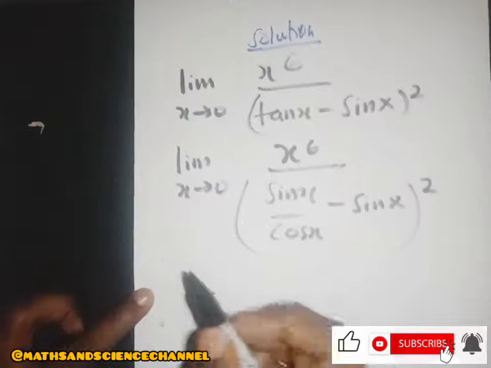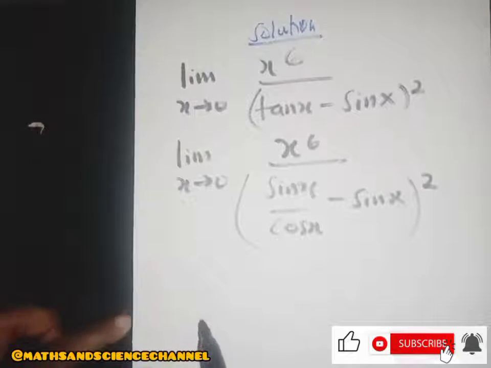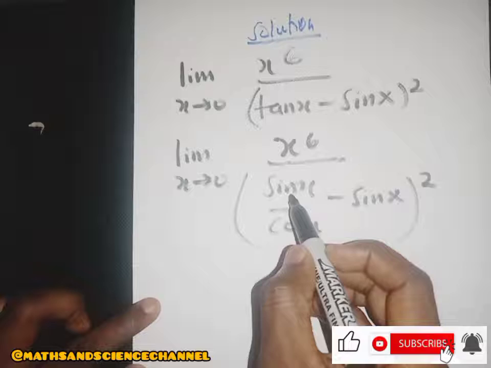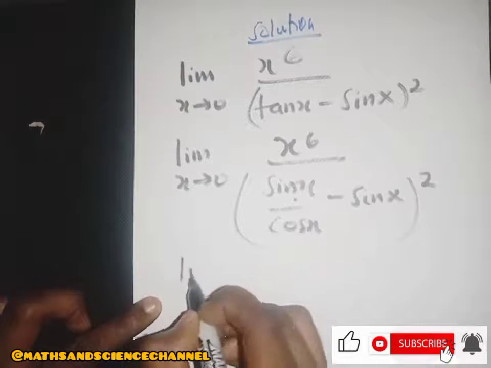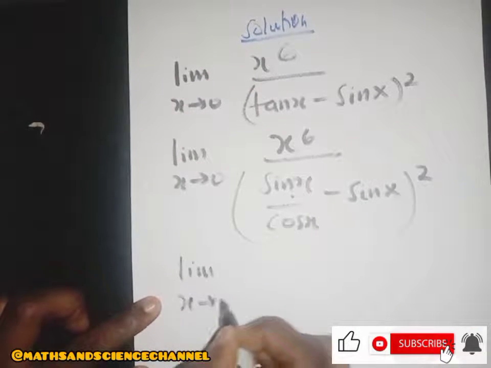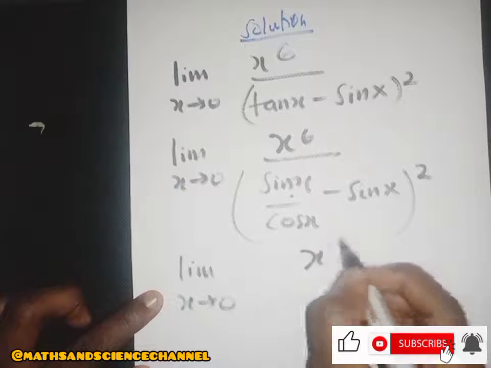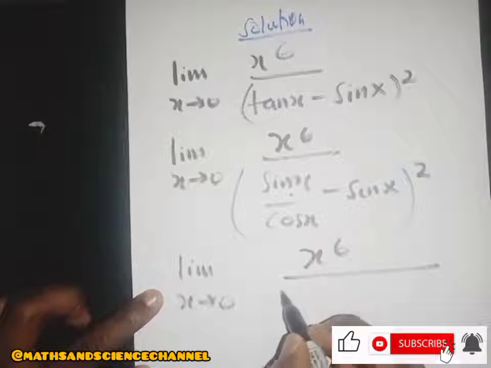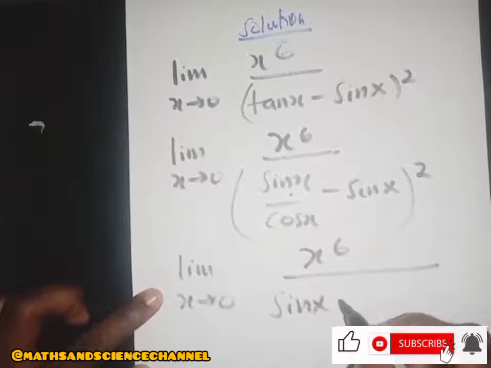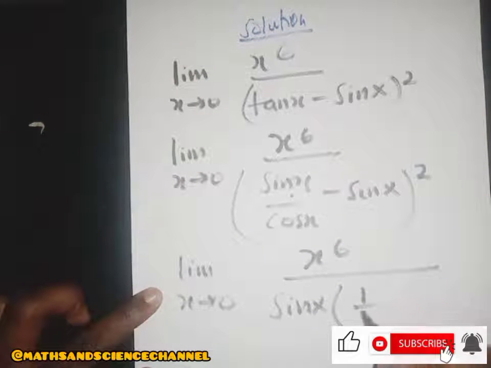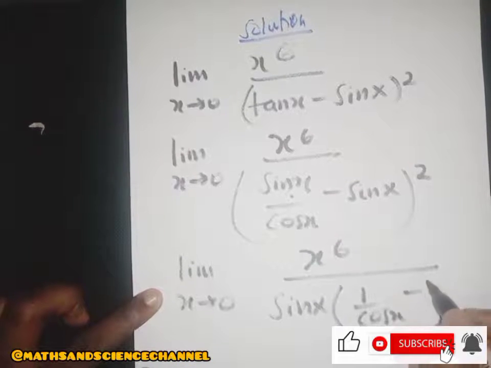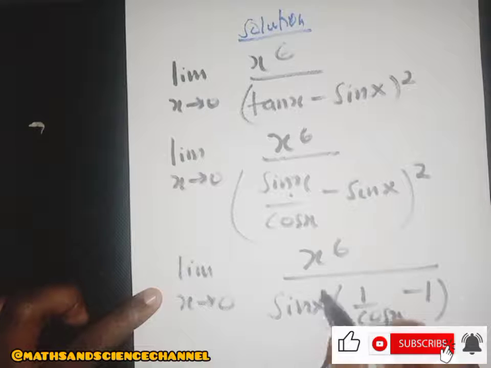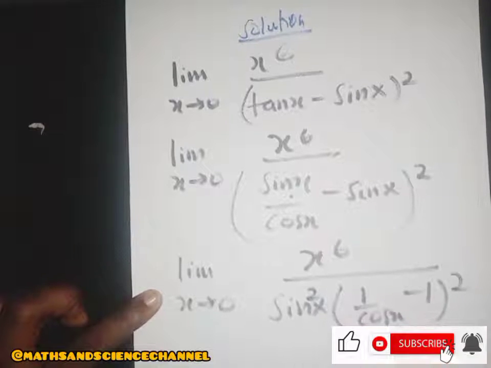All right, so now from here, since we have sine on both sides, we can factorize it out. We are still working on the denominator, just leave the numerator like that. So sine x here, then we have 1 over cos x minus 1, and remember it is squared and this one will also be squared.